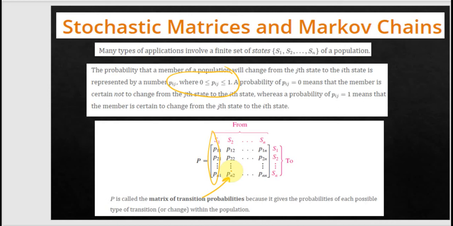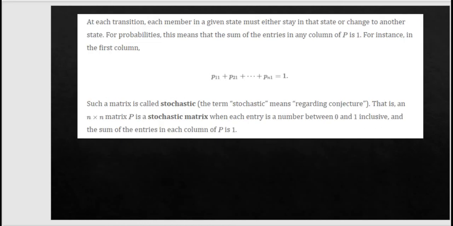Well, let's discuss what makes it a so-called Markov chain, and a little bit more about the idea of stochastic matrices. At each transition, each member in a given state must either stay in that state or change to another state. Here we build the concept of stochastic matrices and stochastic mathematics.